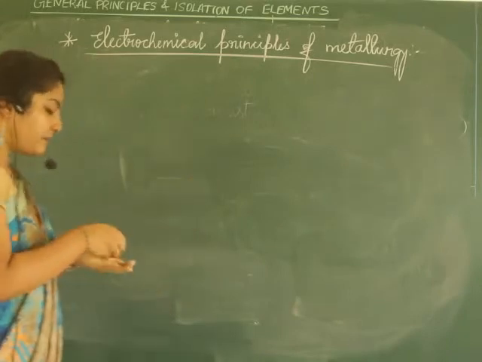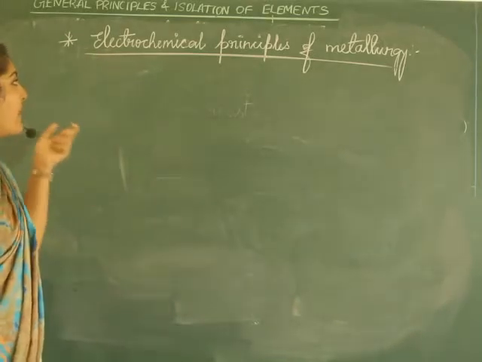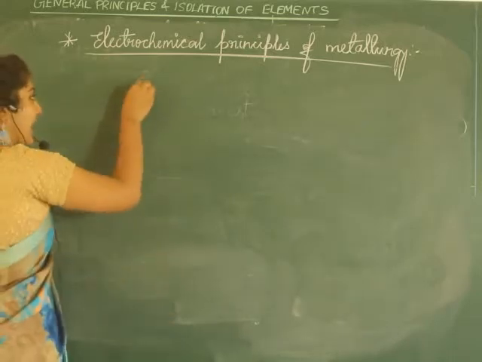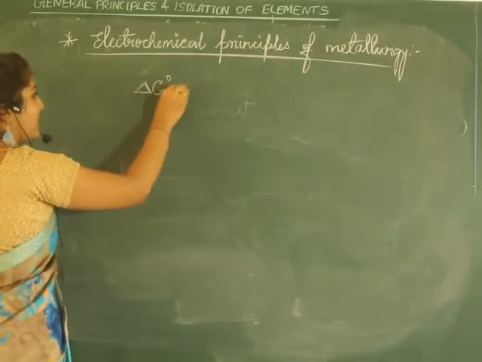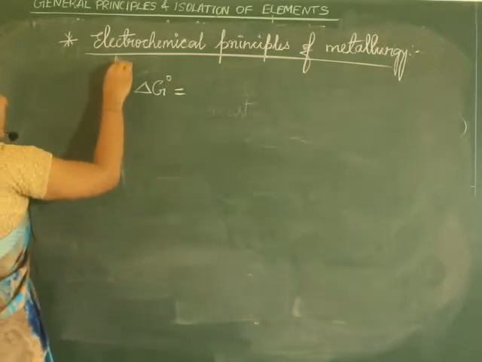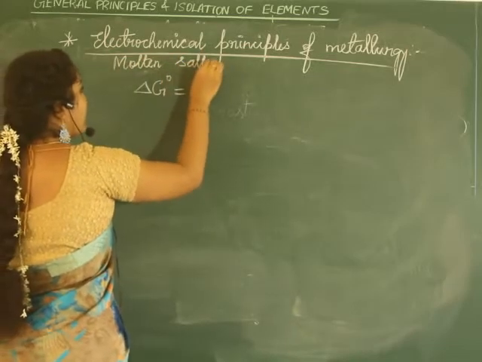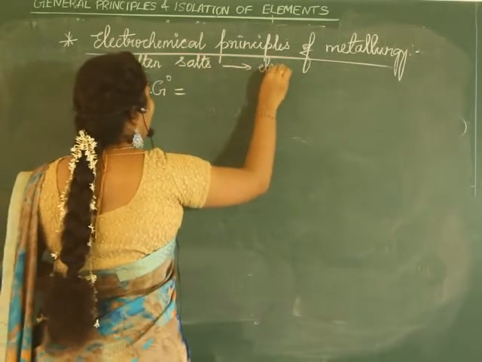So we shall see. Here we have an expression for electrochemical principle, that is again delta G naught value is considered. Here the molten salts are subjected to electrolysis.